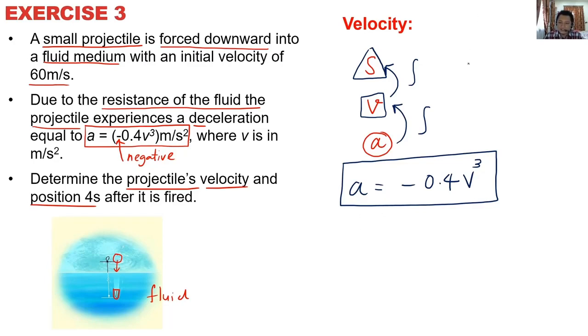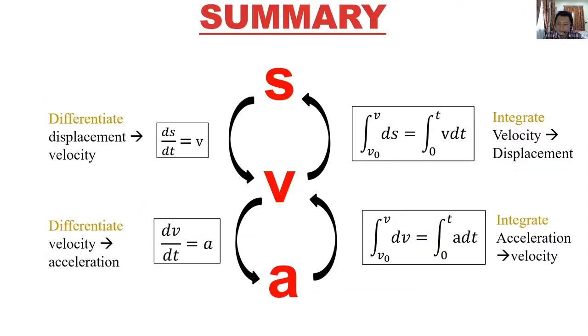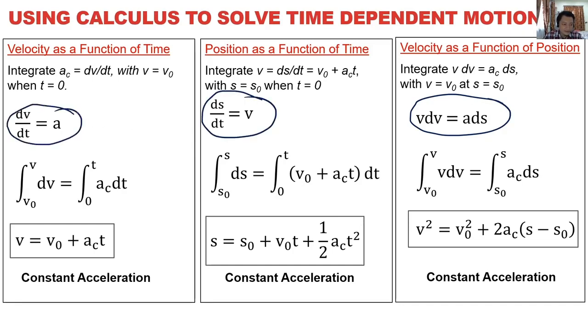So when you have things like this, A is now a function of velocity. So when something like this happens, probably you can use the previous equations. There are 3 options for you to choose from. This one is a function of time, this one is a function of time, this one you have dv and also ds.